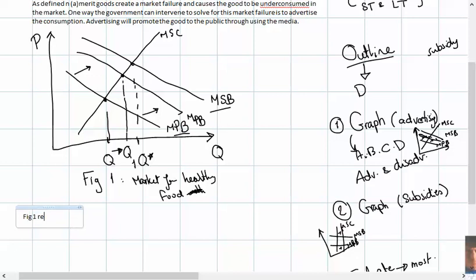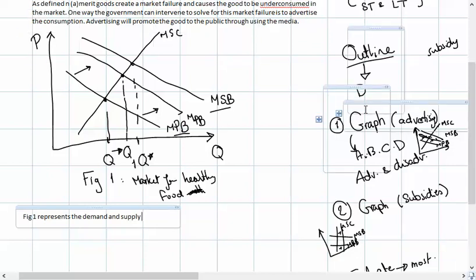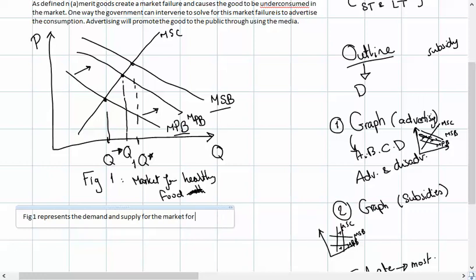Figure 1 represents the demand and supply for the market for healthy food. Link it to your example.